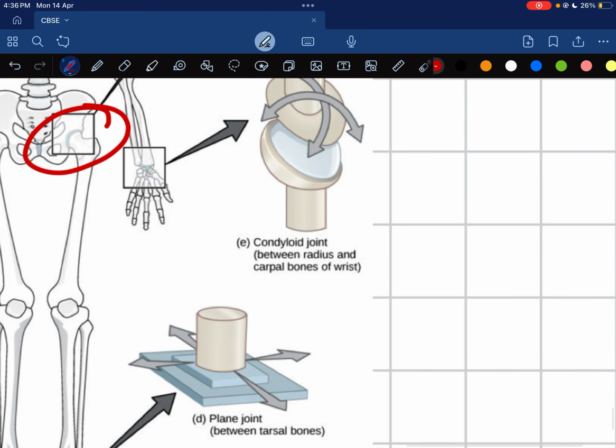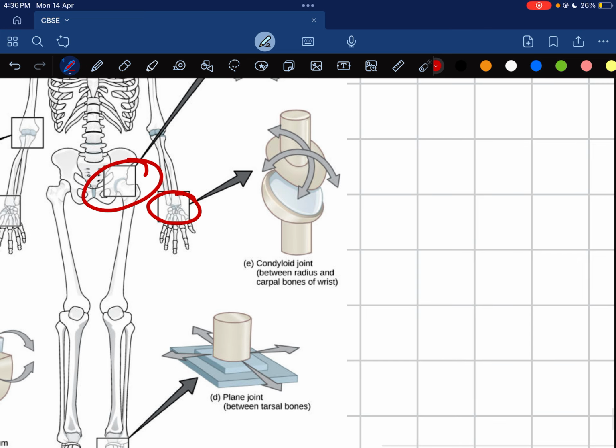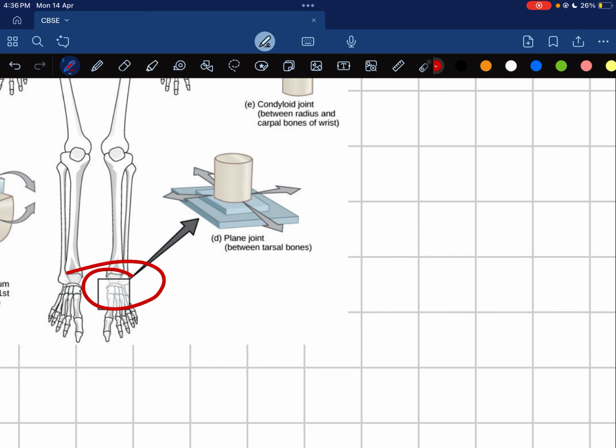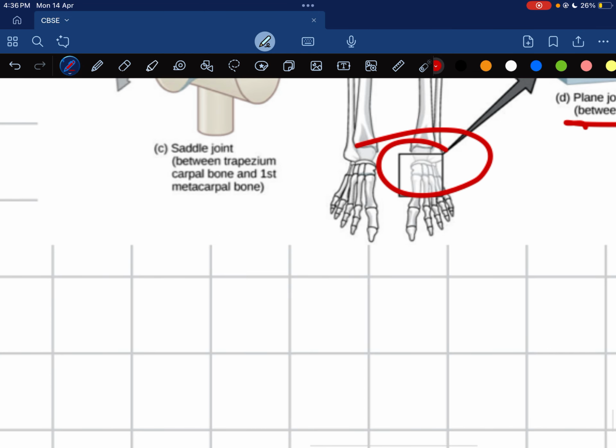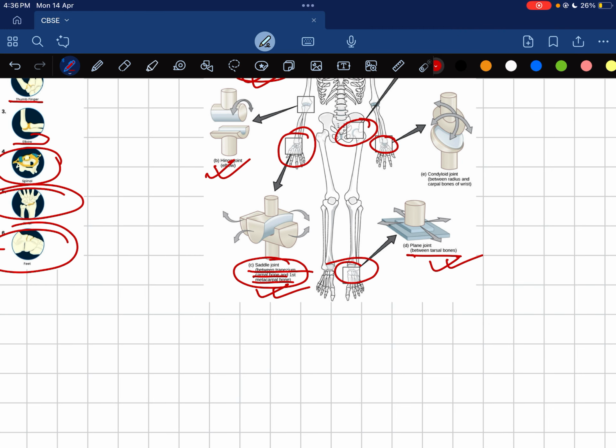In the wrist there is a condyloid joint between the radius and the carpal bones of the wrist. The plane joint is between the tarsal bones. And there is also a saddle joint between the trapezium carpal bone and the first metacarpal bone. So we have almost covered the types of joints.